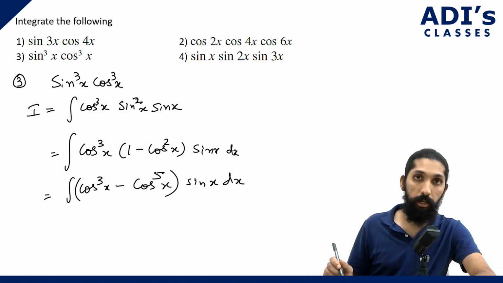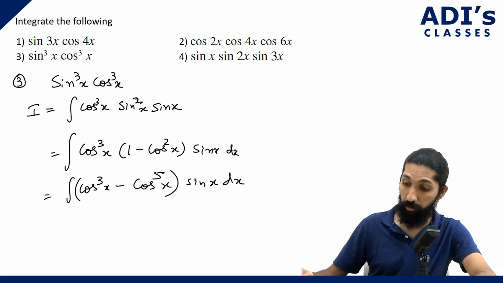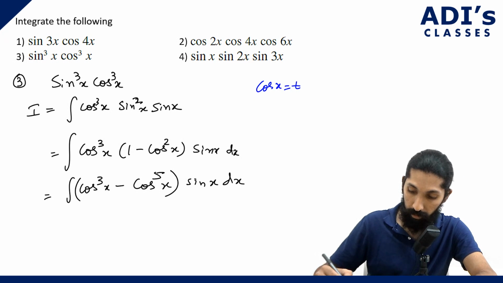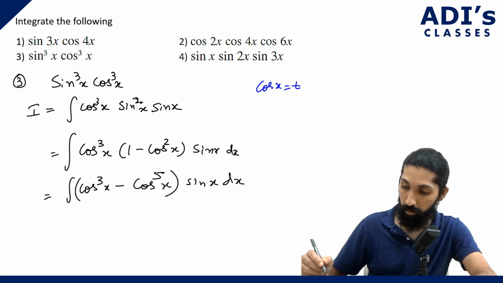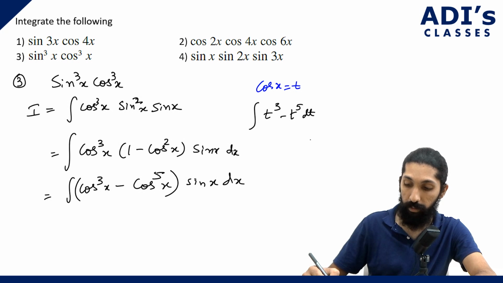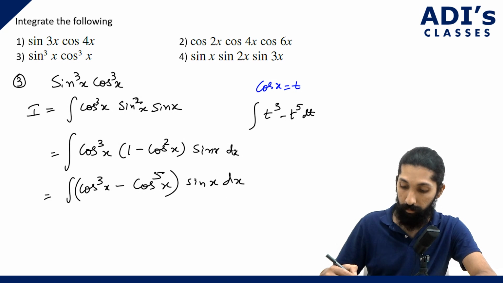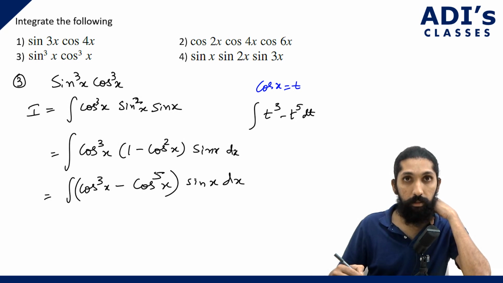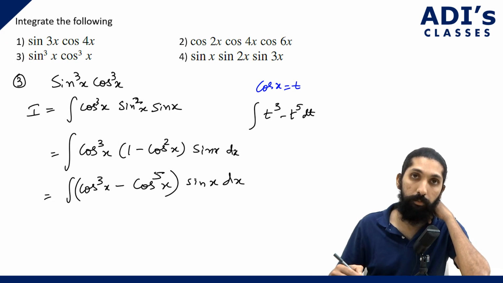Now, if you take cos x as t, substitution method, if cos x is equal to t, then you're going to get the final question as integral of t cube minus t power 5 dt. Because, guys, if cos x is t, then sin x dx is going to become dt, correct?